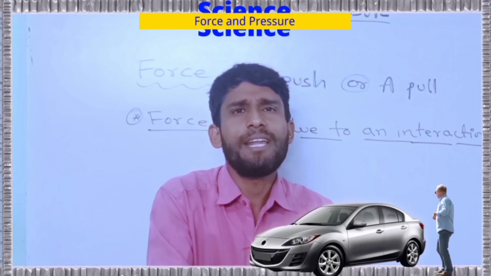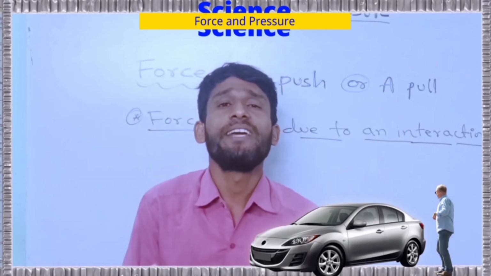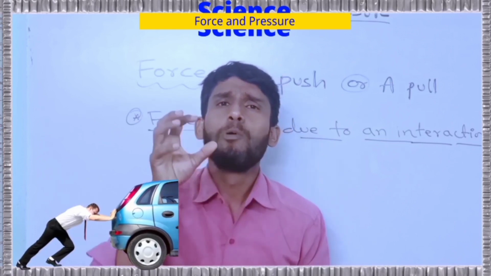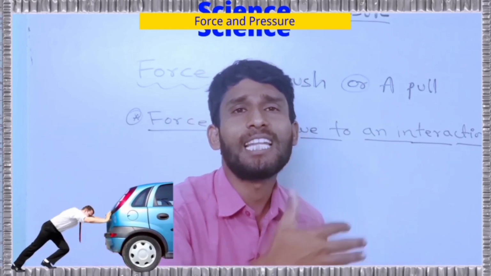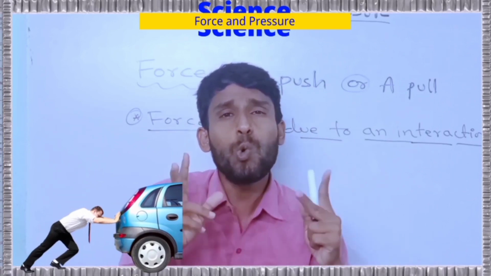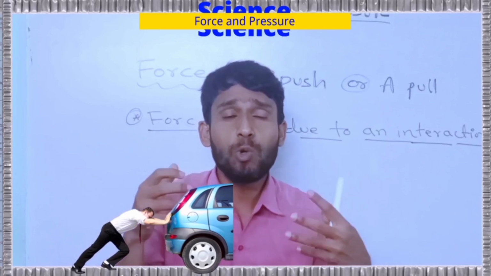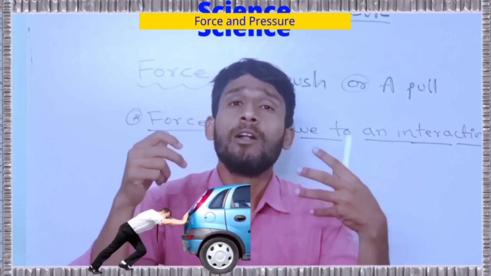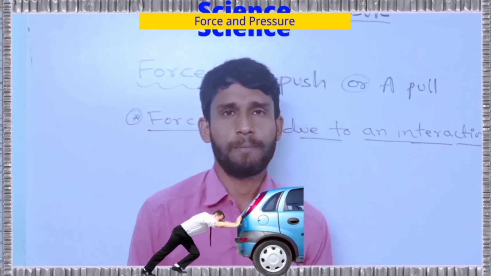If a man is standing beside the car, the car does not move. When a man pushes the car, it moves from one place to another, because here two objects are interacting with each other. When two objects are interacting with each other, only then is a force produced.